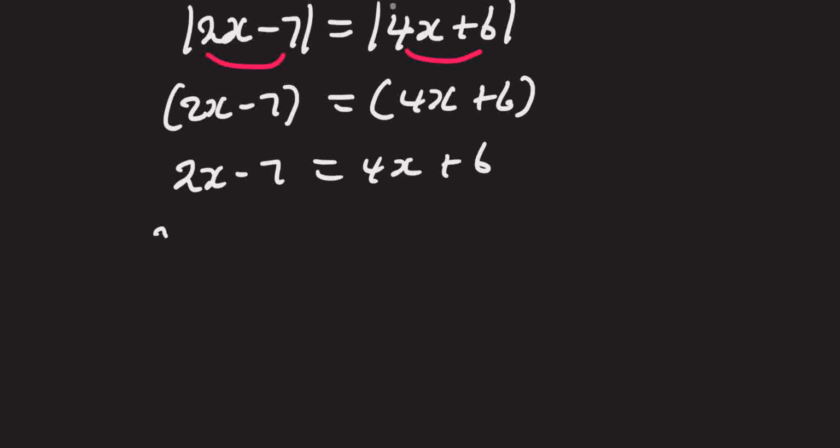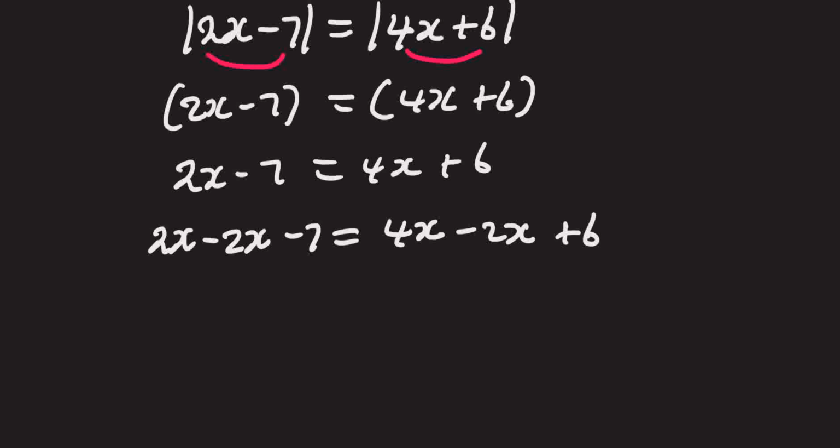And then we're going to have 2x minus 2x minus 7 is equal to 4x minus 2x plus 6. So 2x minus 2x is 0. So now we have negative 7 is equal to 4x minus 2x, and that gives us 2x plus 6. Now we can isolate 2x by subtracting 6 from both sides.